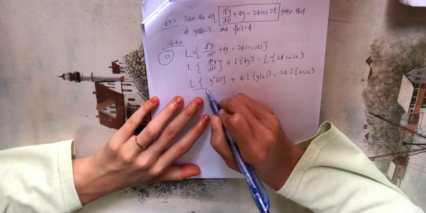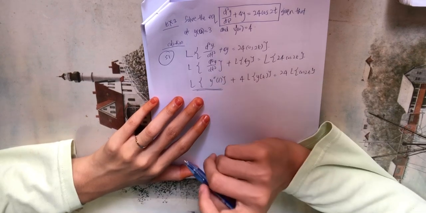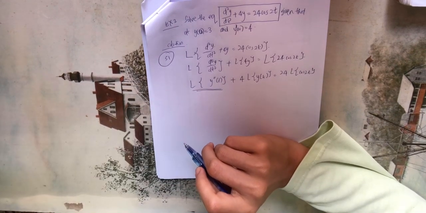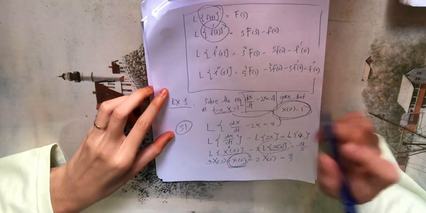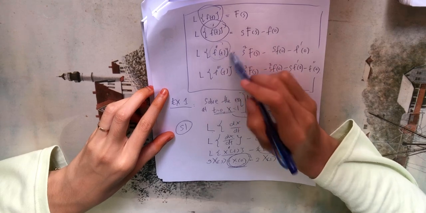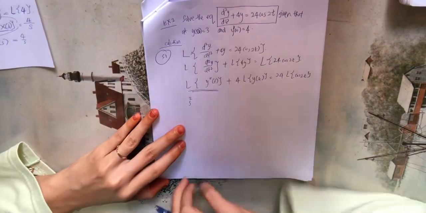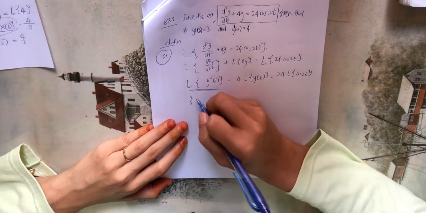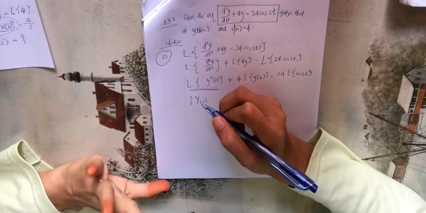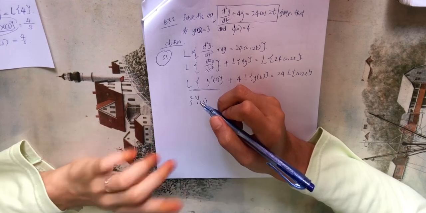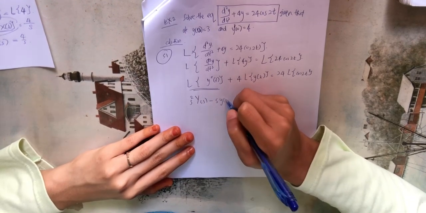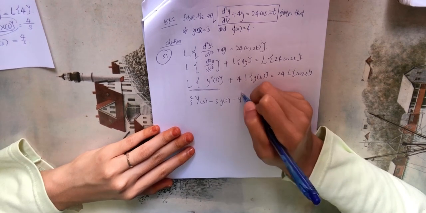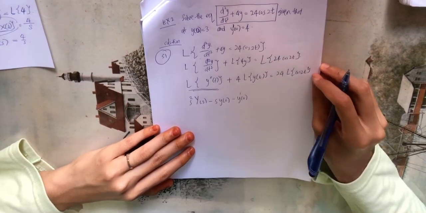So for y double prime, you replace with what? We are using the double prime for the second order. It becomes s square Y(s) minus s y(0) minus y prime 0.